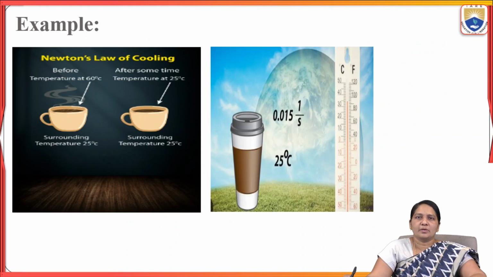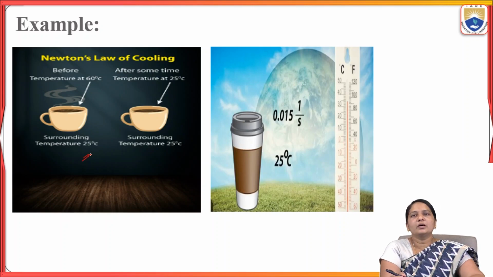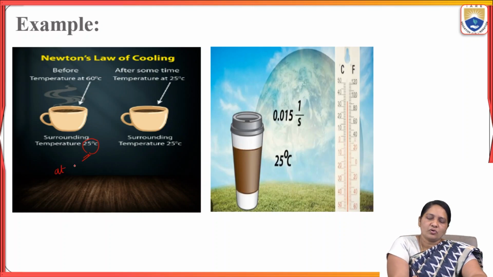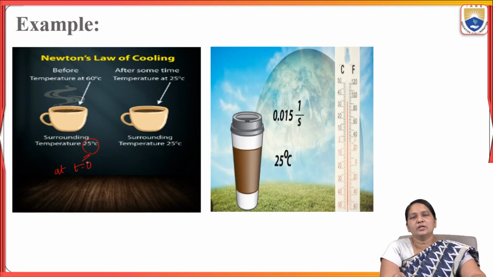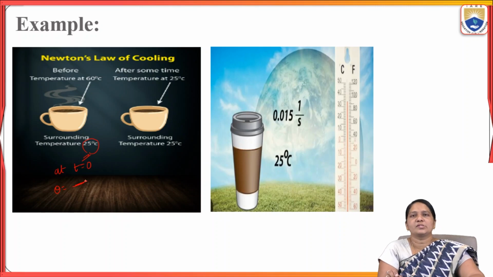So we can observe an example here of Newton's law of cooling. Just we are taking one cup of coffee. Here we are observing the surrounding temperature, which is given as 25 degrees C. At the starting, that means initially, t equal to 0, what is the temperature of the coffee? That is the first condition.